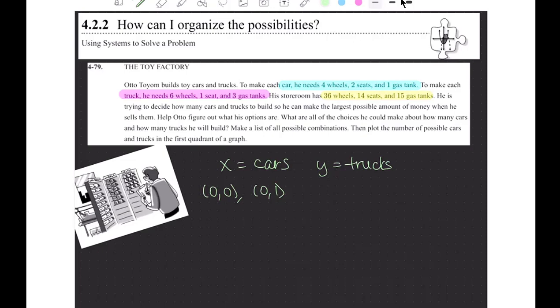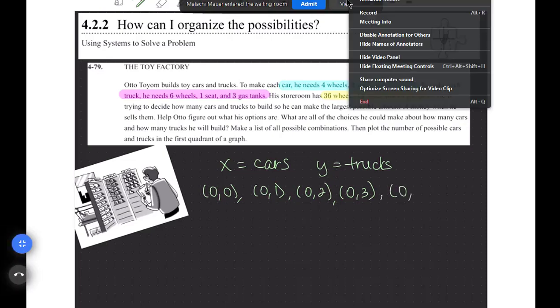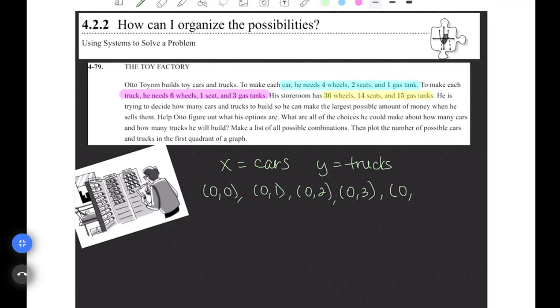Do we have enough supplies for 0 cars and 2 trucks, right? Could we do 0 cars and 3 trucks? Do we have enough for 3 trucks? I think so. Yep, we're still good so far, right? Could we do 0 cars and 4 trucks?